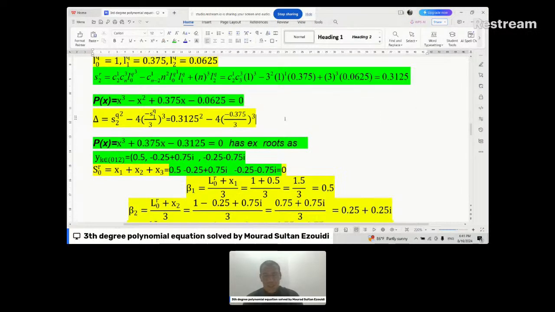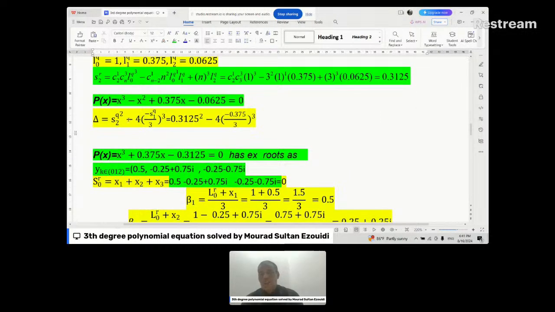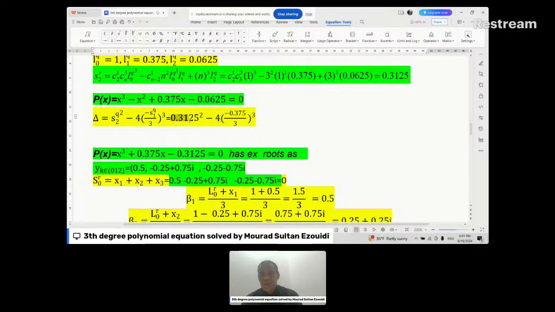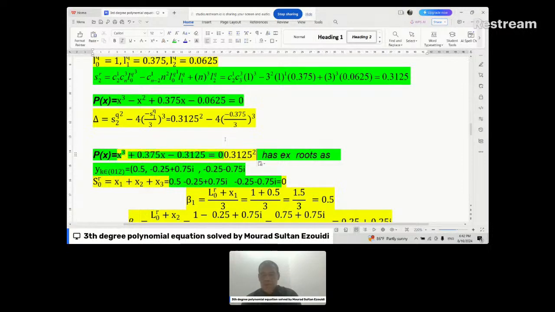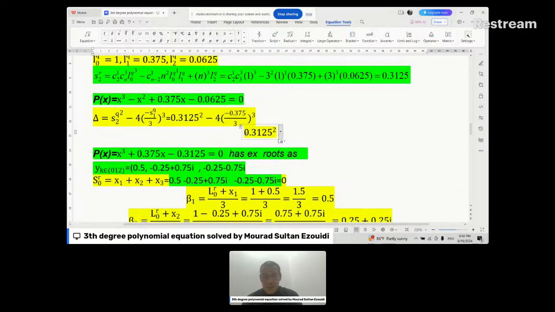So the method, I'll continue here. Therefore, I will write here x cubed if it is possible. This is x cubed raised to the power 3 has to be equal to, learners, we told s2.